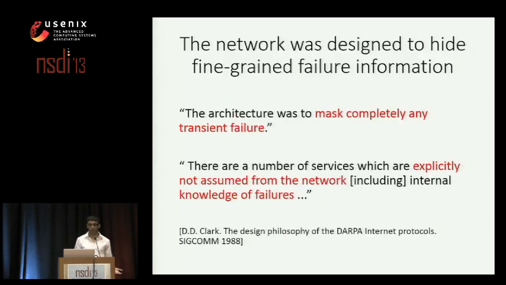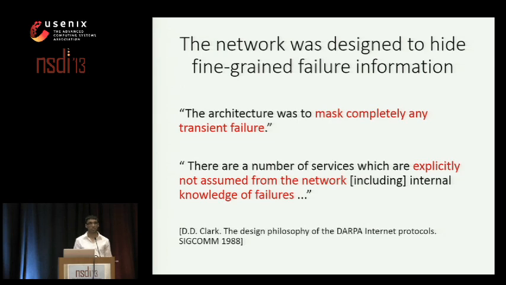Well, consider these quotations from David Clark's 1988 paper on the design philosophy behind Internet protocols. My interpretation of these quotations and some other relevant parts of this paper is that the network designers explicitly designed the network to not give fine-grained failure information, because they thought that the benefit of such information is not worth the cost of a mechanism.